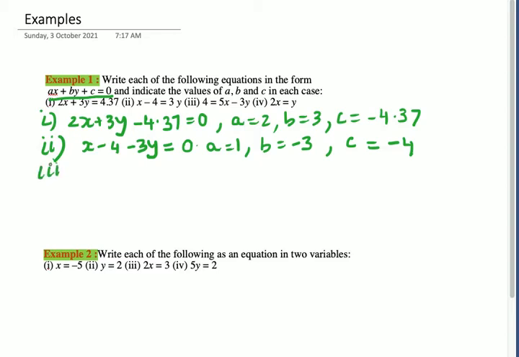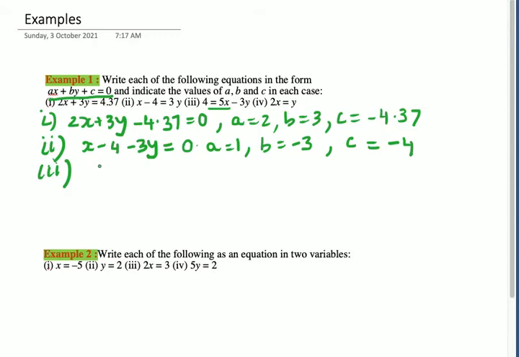The third problem, in this case we can bring the values either to the left side of the equation, or we can move these two items x and y to the left side of the equation.